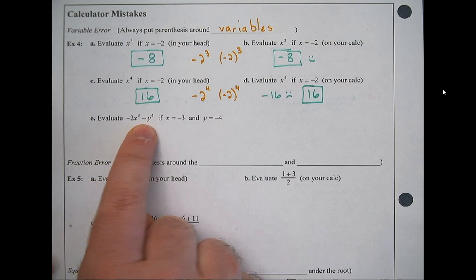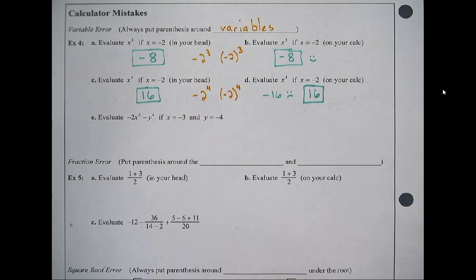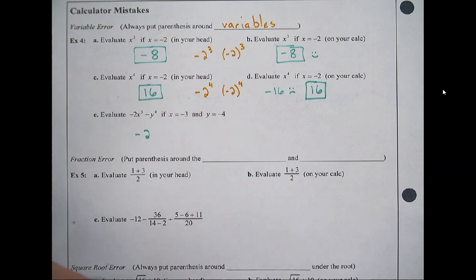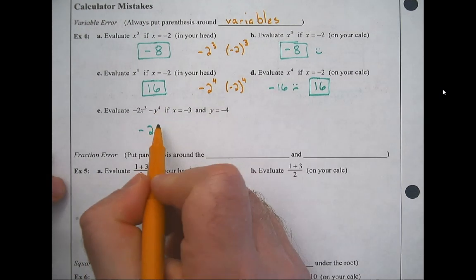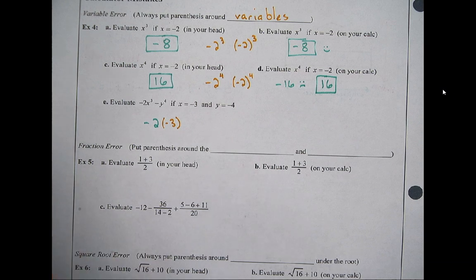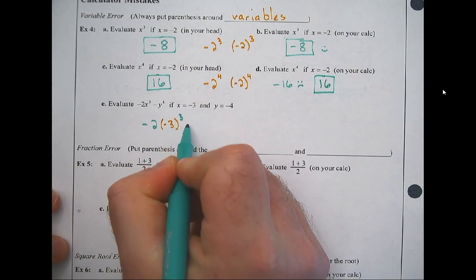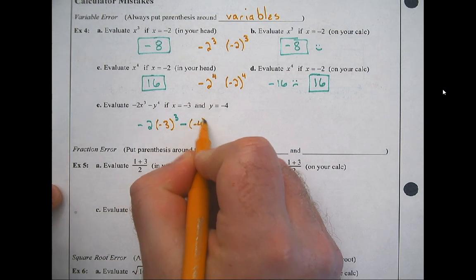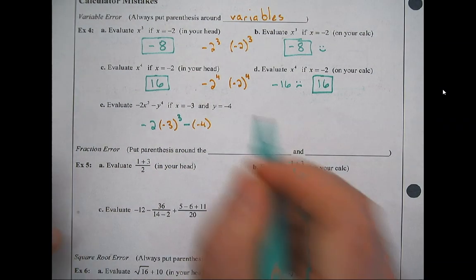I would recommend going through first and trying to parenthesize. So what would that look like? There's a variable, so now I'm going to put that variable in parentheses, cubed, minus, there's another variable, (-4) to the 4th.